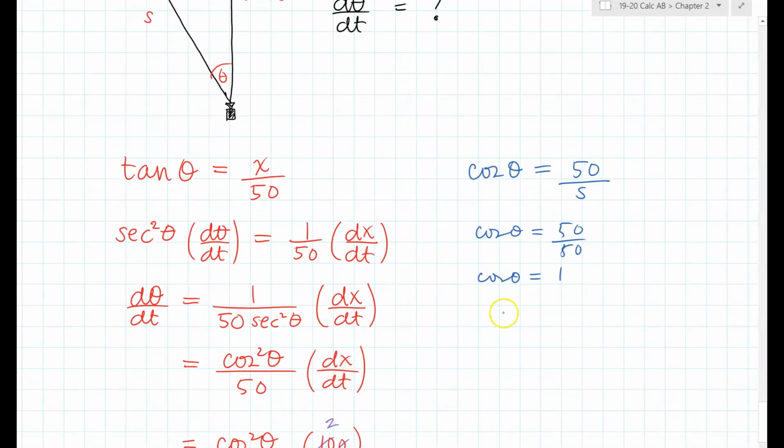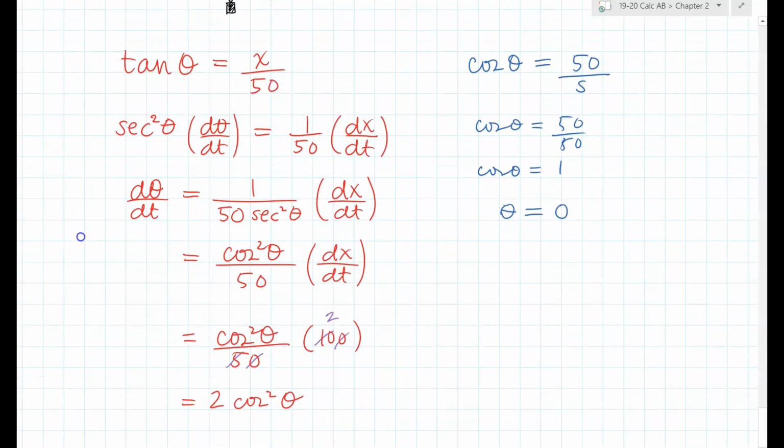What's theta when cosine of theta equals 1? A 0, right? Theta equals 0 when the car is closest. Makes sense, right? Shouldn't that angle be completely closed? All right, so far makes sense.